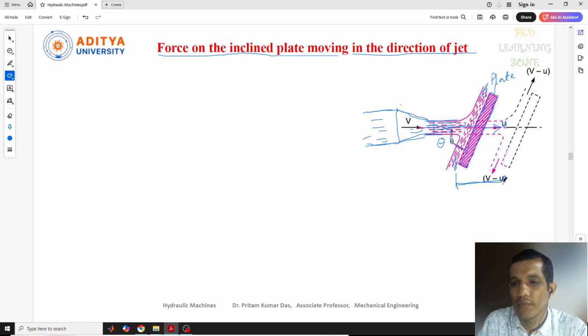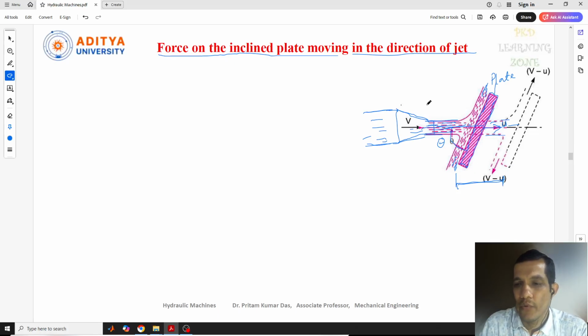Here the movement is considered as the relative velocity, not the velocity of the jet or others. So here we need to consider the concept of relative velocity, which I told you previously also.